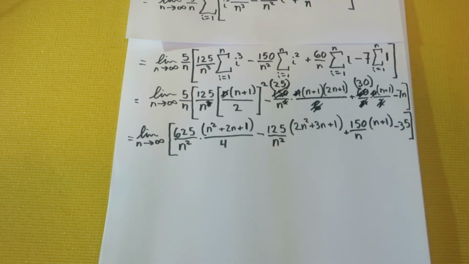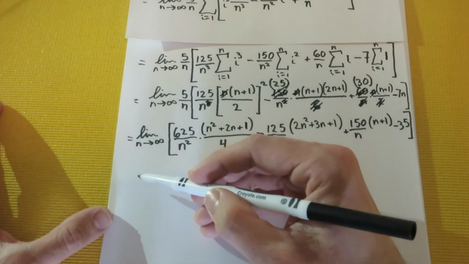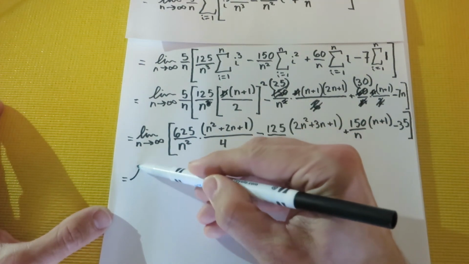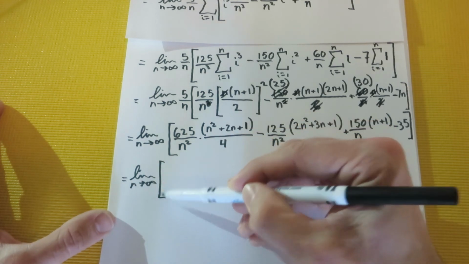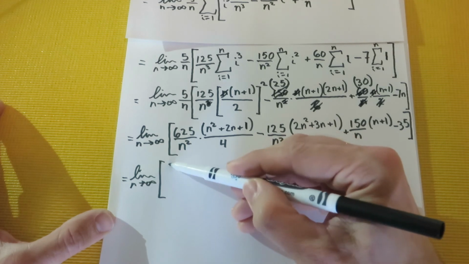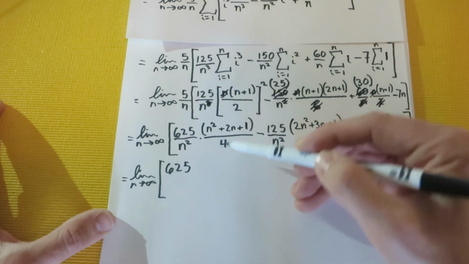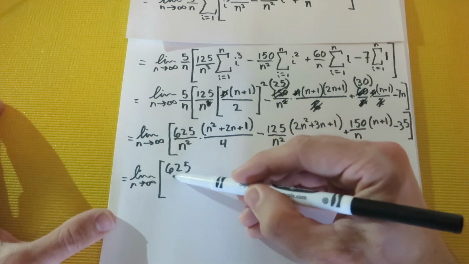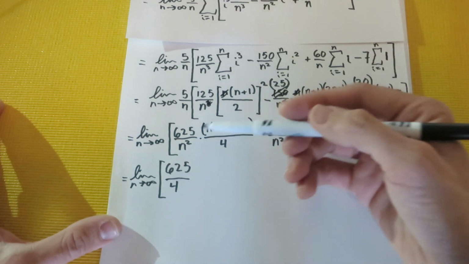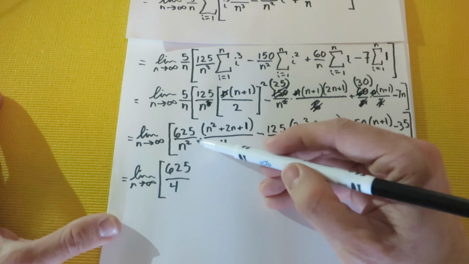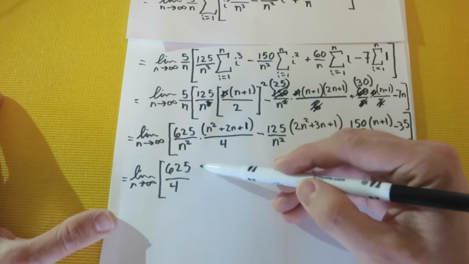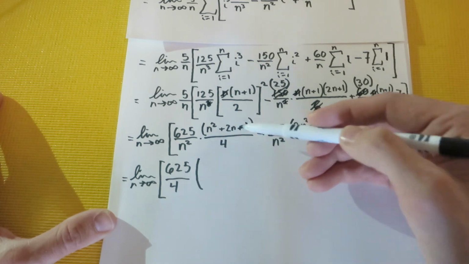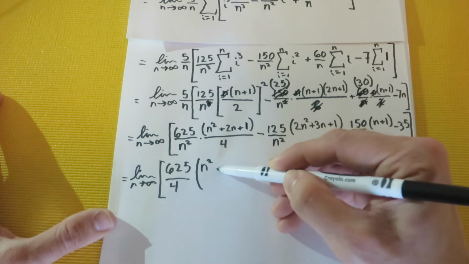So let's do a little bit of algebra here. This is going to equal the limit as n approaches infinity of, let's say we have 625. I'm just going to swap the 4 and the n squared around here. You'll see why in a moment. And I'm going to distribute this n squared in our denominator to each of these terms here. So here we have an n squared.